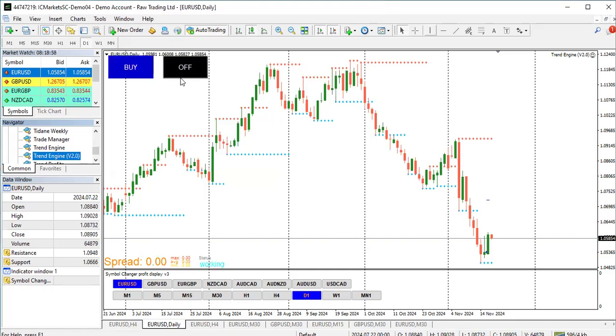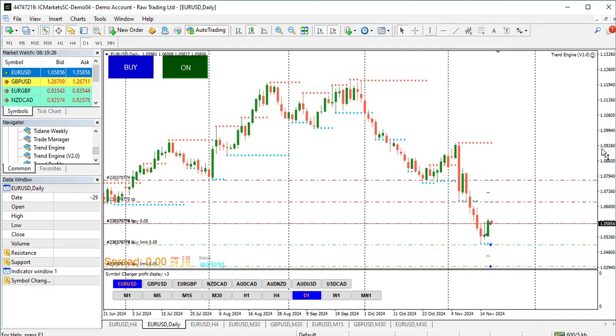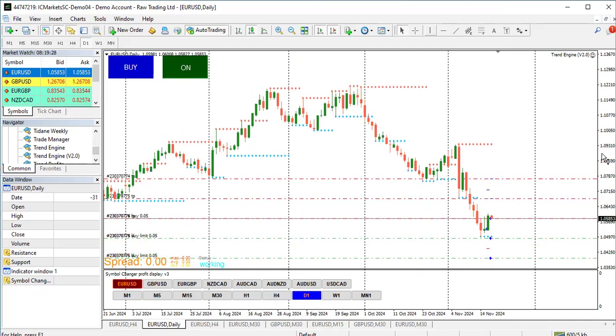All right, and then we have this. So now I'm going to demonstrate what the switch on does. If we turn it on, our bias is bullish on EU because we are bearish on the USD. So since we are bearish on the USD, we are buying EU and GU. Once I turn this on, you will see that it takes the trades that are necessary, places the orders or takes trades as necessary.